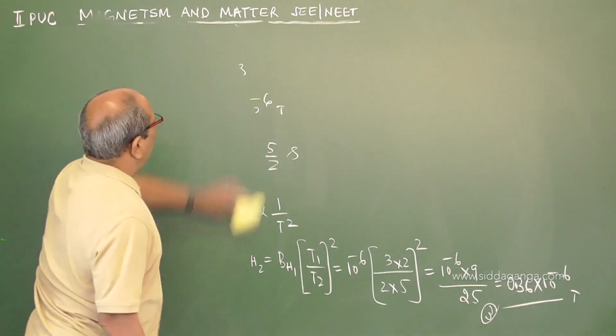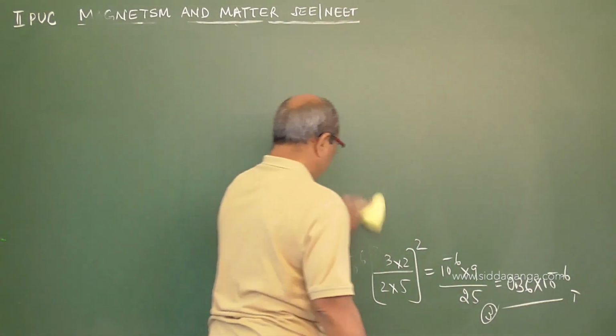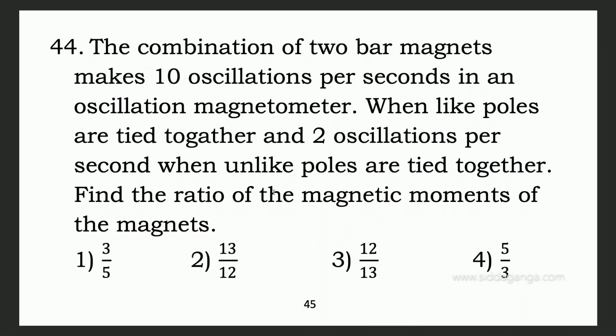44. A combination of two magnets makes 10 oscillations per second, that is frequency F1 in an oscillation magnetometer when like poles are together, and 2 oscillations per second is F2 when unlike poles are together.